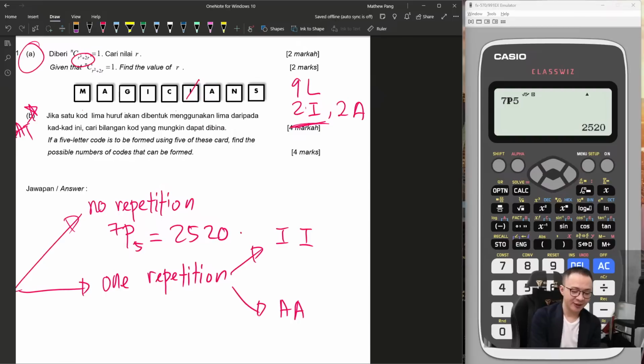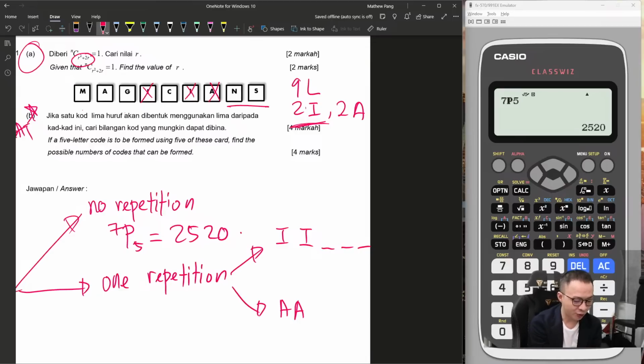Okay, have a look here. If I want to ensure it is a double I, that means I need to fill in 3 more letters here. In this case, I and I are used already, and I want to ensure there is no repeat of A, so I will take out 1A.